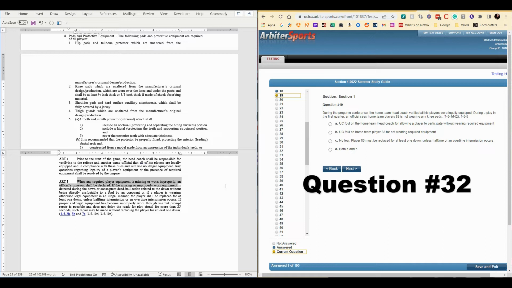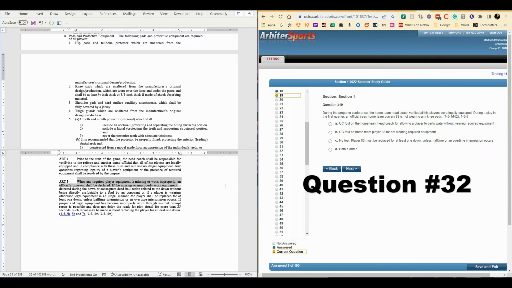We're simply going to send this player off unless the equipment can be readily fixed. For instance, if the knees are exposed and it's a result of play, or maybe it's not the result of play, but you tell the player, hey, pull your pants down. Okay, you can maybe give him one or two of those, and then he's off. Then you're just going to say, hey, you're off for one play.